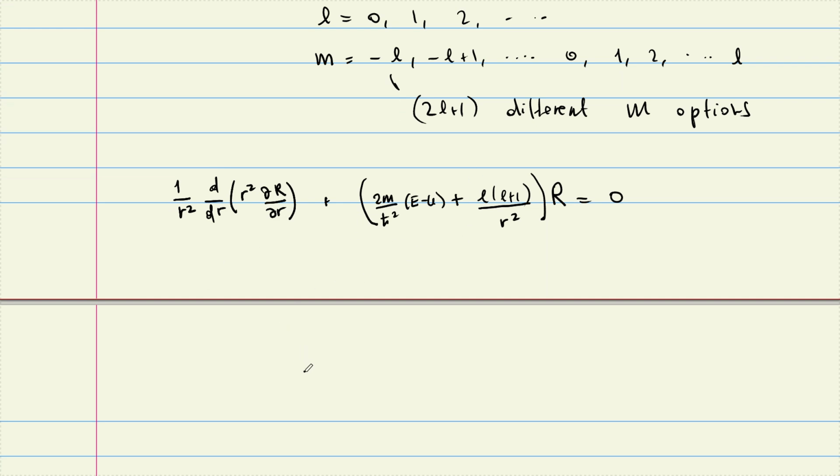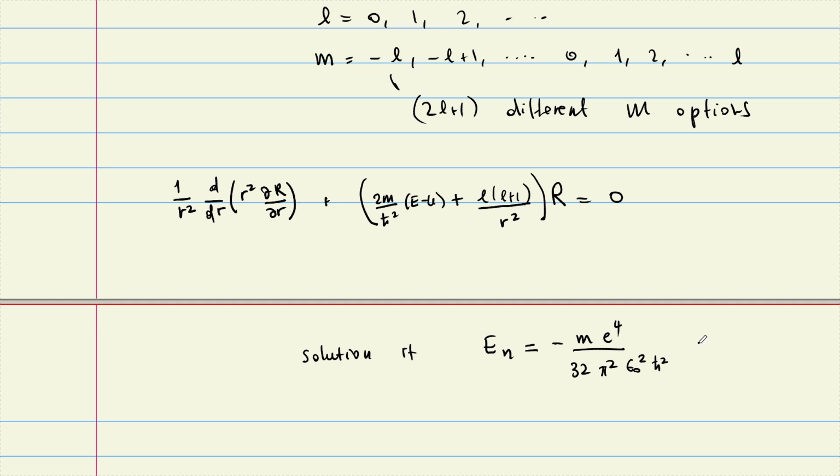So this has solutions if E is quantized and the quantization is given by minus m e to the 4 over 32 pi squared epsilon naught squared h bar squared, times 1 over n squared, and this is minus E1 over n squared, and E1 is equal to, if you put all these constants and calculate, 13.6.